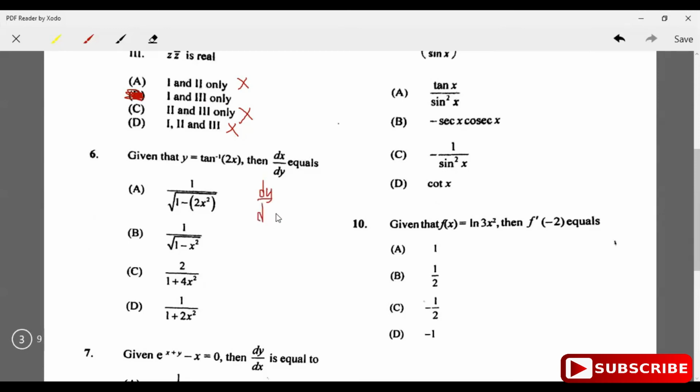When you differentiate tan inverse of 2x, you get 1 over 1 plus 2x all squared, which is 1 plus 4x squared, times 2. So that's dy by dx. Therefore, dx by dy would just be the reciprocal of this.